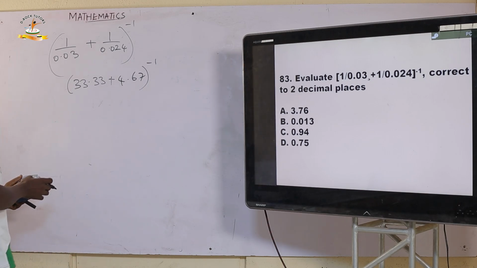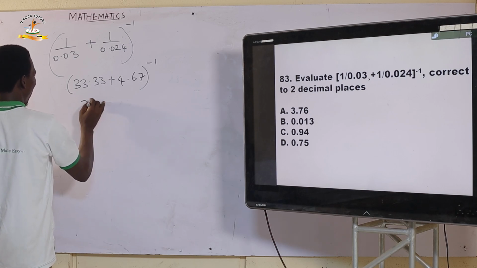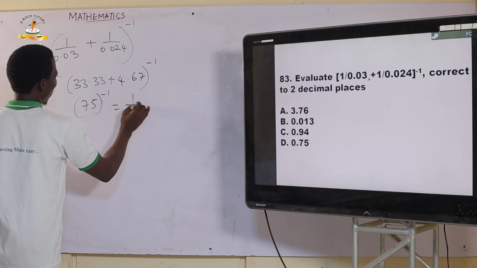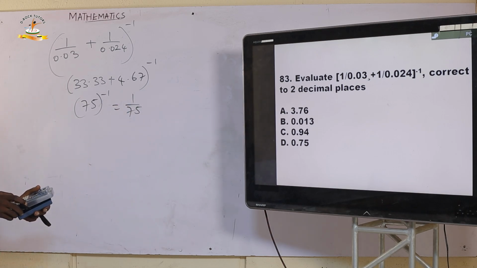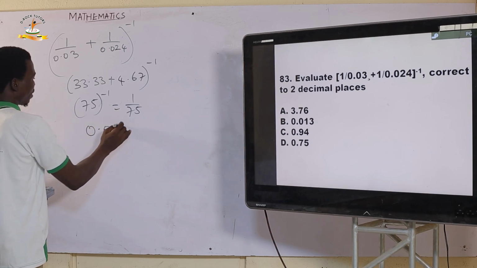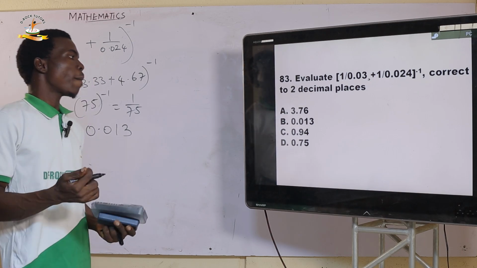It's exactly 75, all raised to power minus 1. And this is just 1 over 75. And you press 1 divided by 75, the answer is 0.013. So the correct option there is option B.